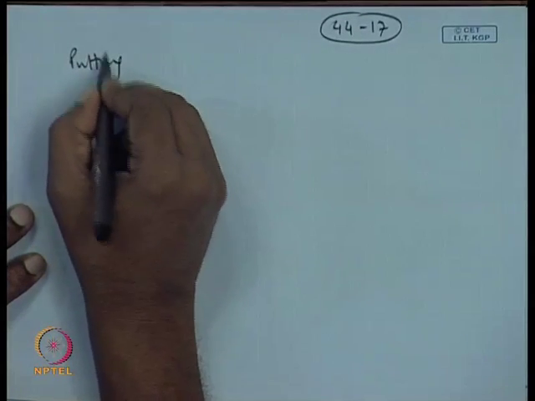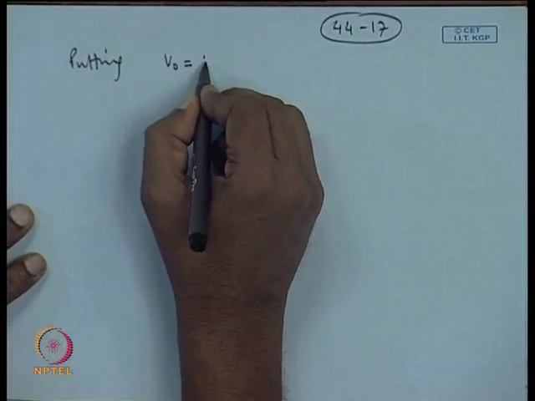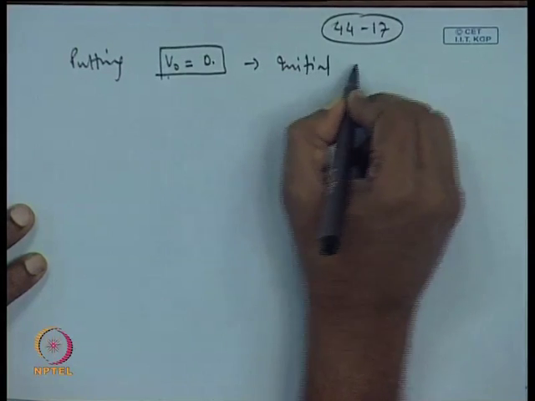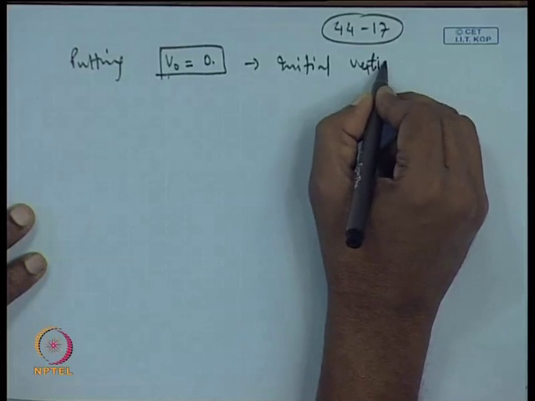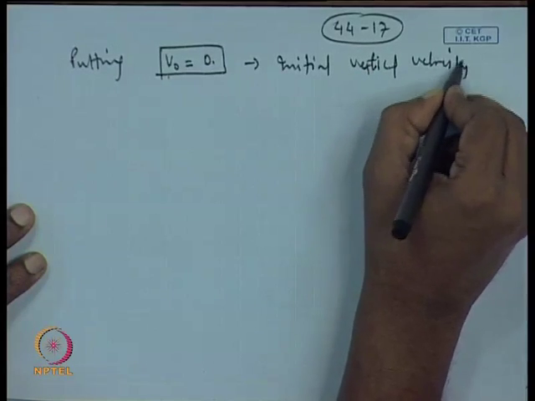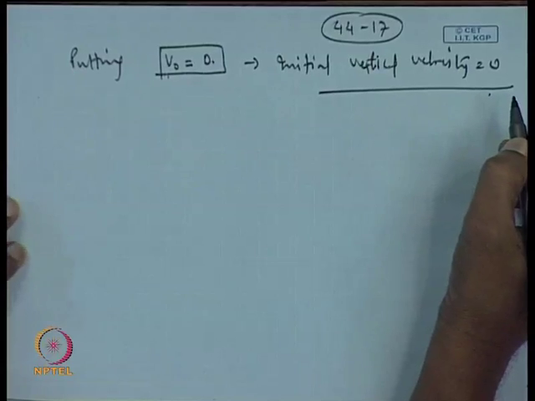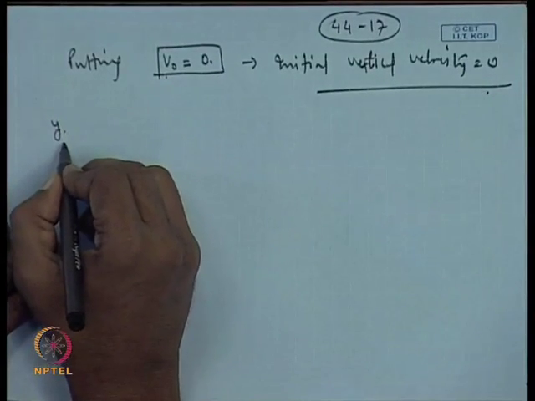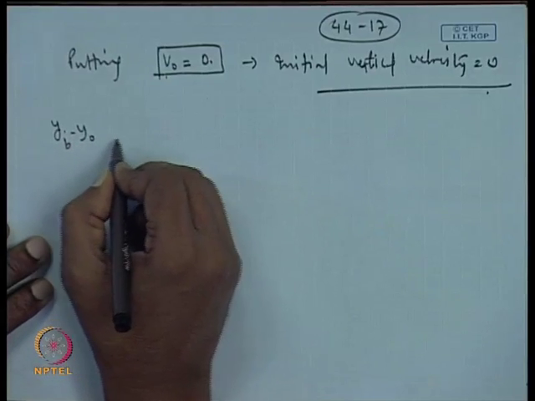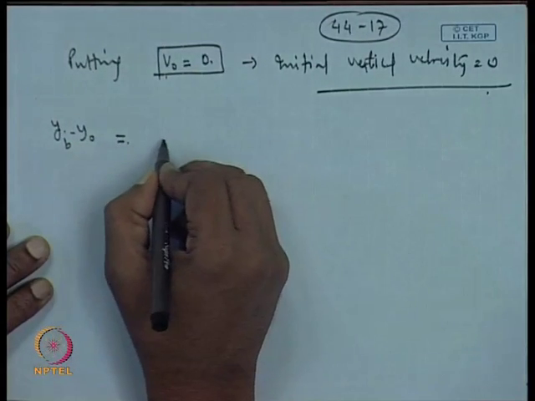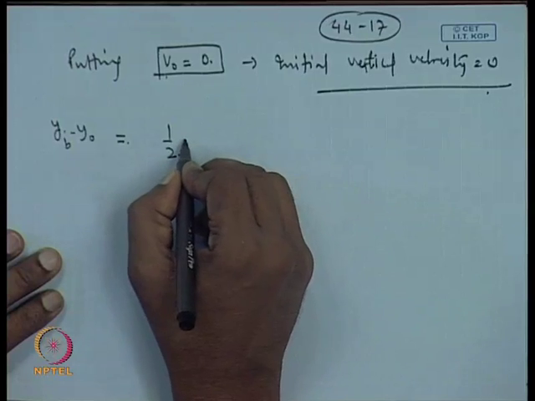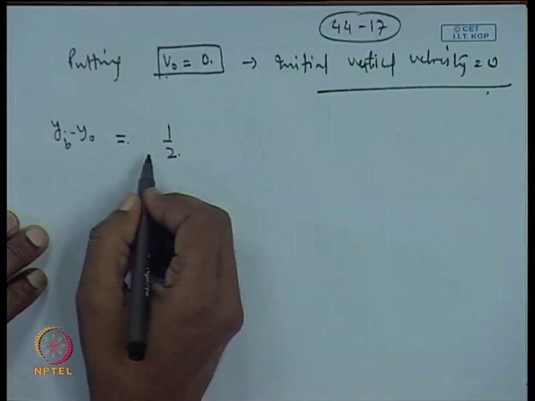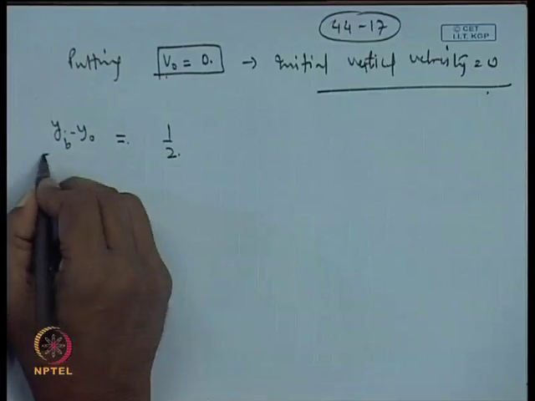So, by putting v 0 equal to 0, that is initial vertical velocity is 0, this becomes y b minus y 0 equal to 1 by 2. We divide both the sides by g 0 I s p square.